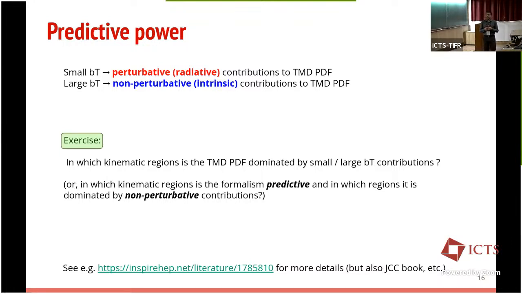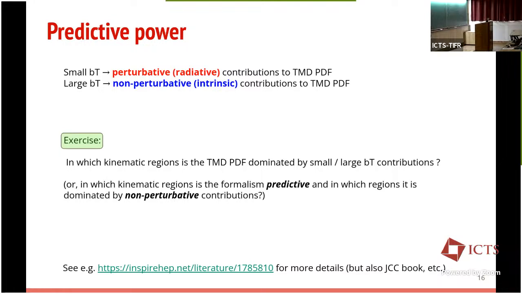So, any of you has an idea? What would you do to understand if your TMD is dominated by non-perturbative contributions or radiative contributions? I can give you a hint.